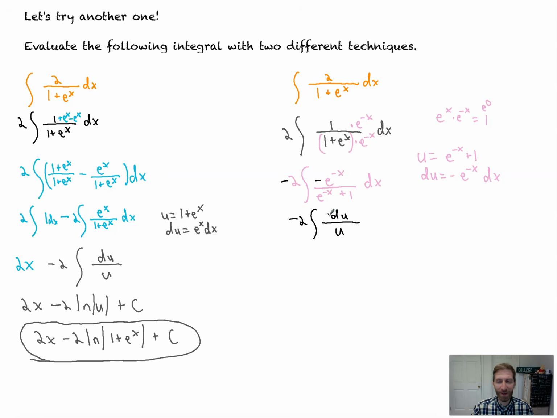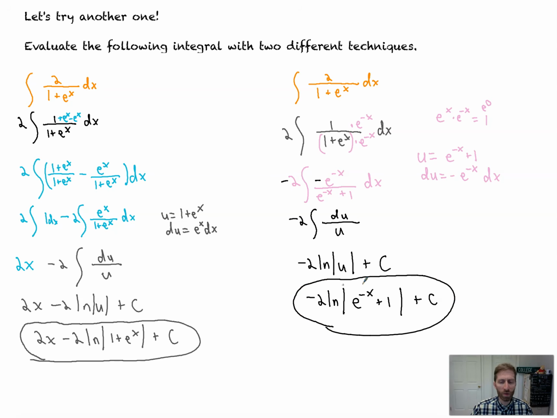Ooh, like you. And then you integrate that, that's negative 2 ln of the absolute value of u plus c, never forget that constant of integration, which would be negative 2 ln of the absolute value of e to the minus x plus 1, plus c. And you might be like, dude, Groden, those two things don't look equal.